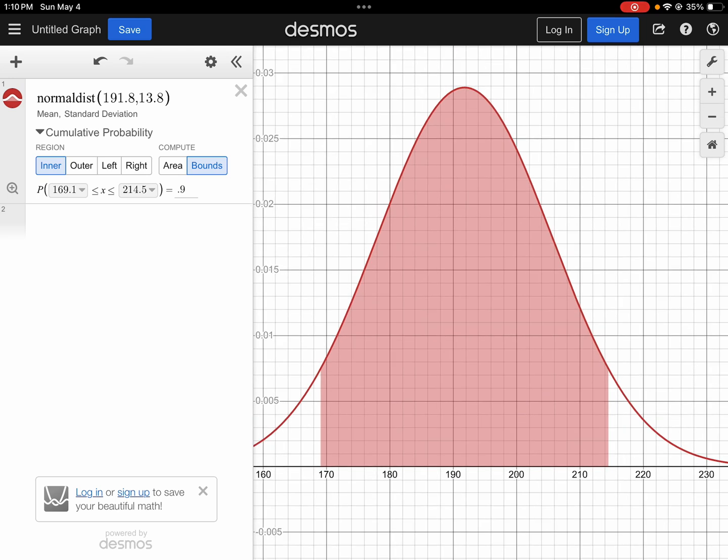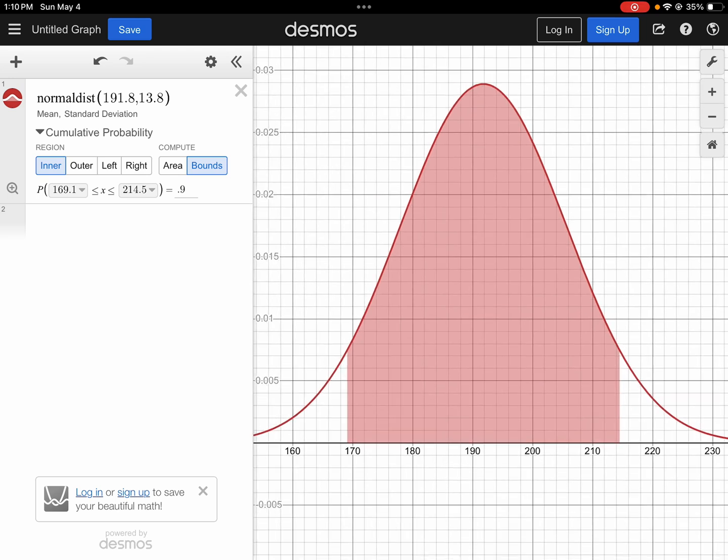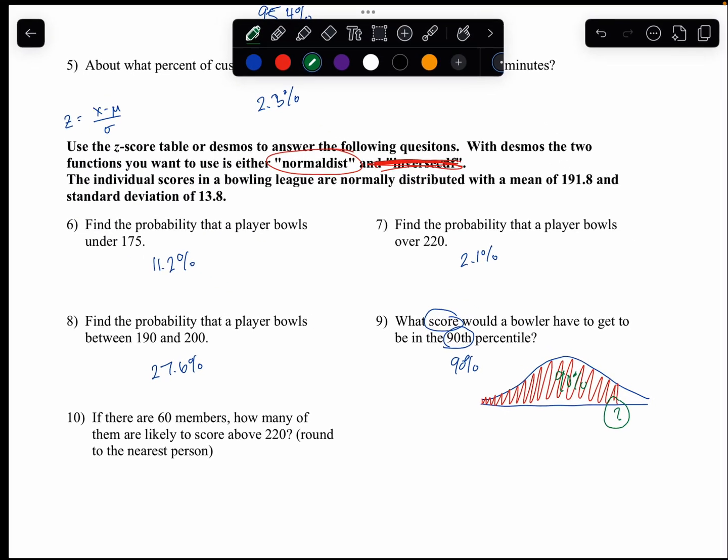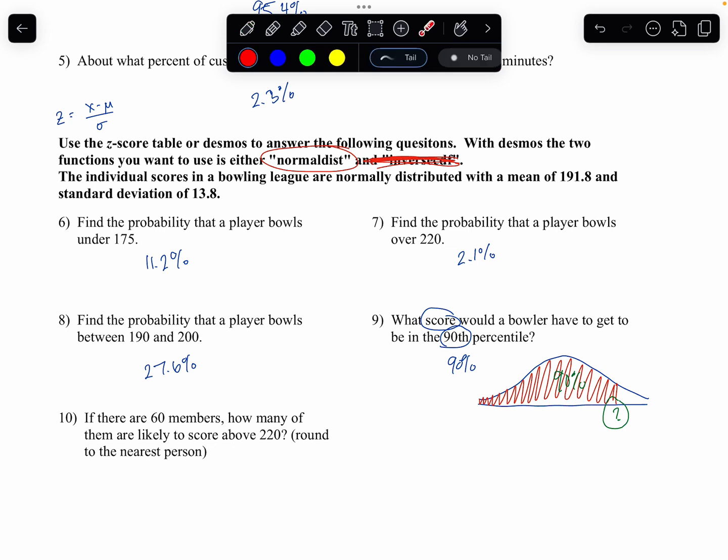Okay, now we have to be careful here. So this is 0.9, and it's the inner 0.9, meaning that to the right would be 5%, and to the left would be 5%. Let's not worry about outer, but to the right, you can see to the right is 90%, to the left would be 10%. But we want it so that the left is 90%. So what score would a bowler have to be to get to the 90th percentile?